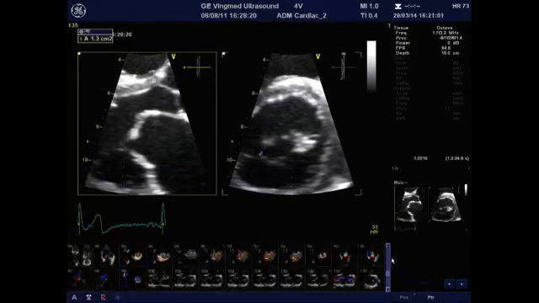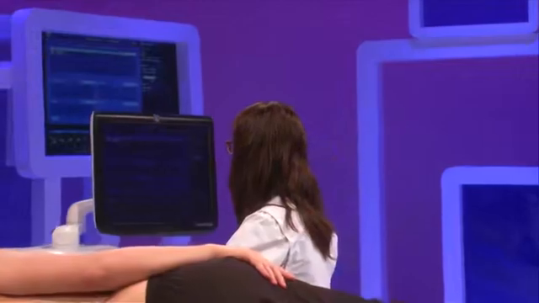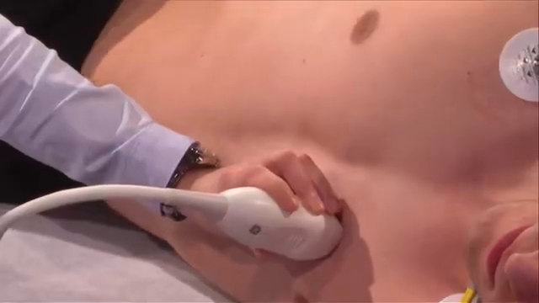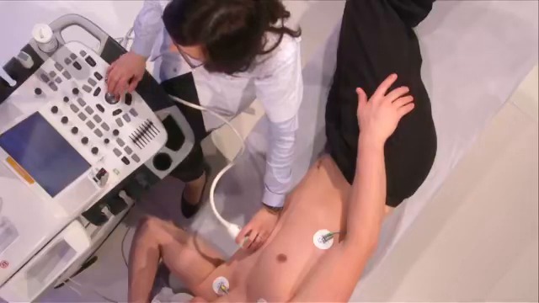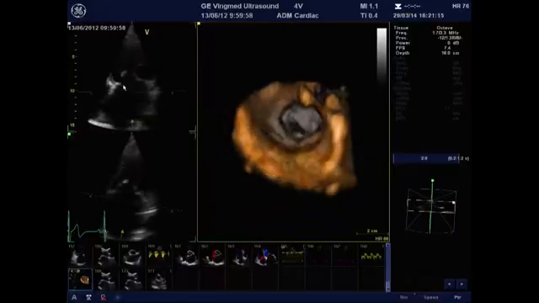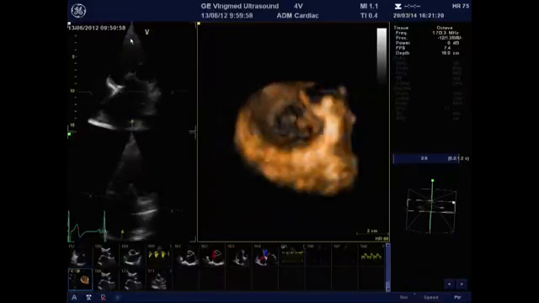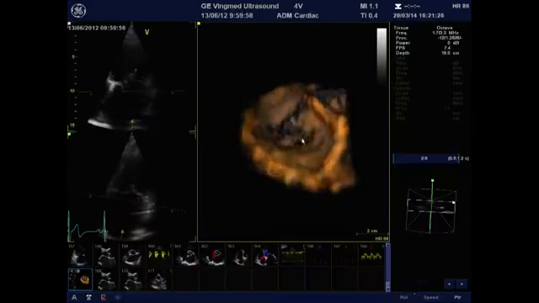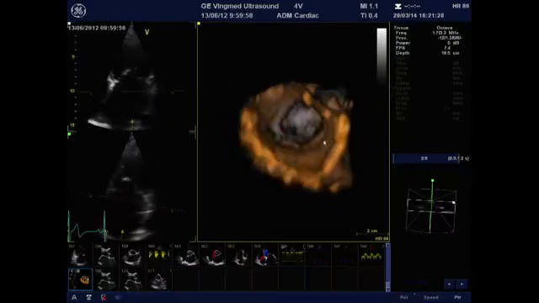What you can also do is acquire a 3D volume of the mitral valve, like I did in this case. It's not a 3D zoom, it's a full volume one-beat acquisition done from the apical view, in which you can see that I'm looking at the mitral valve stenosis from the left atrial aspect.